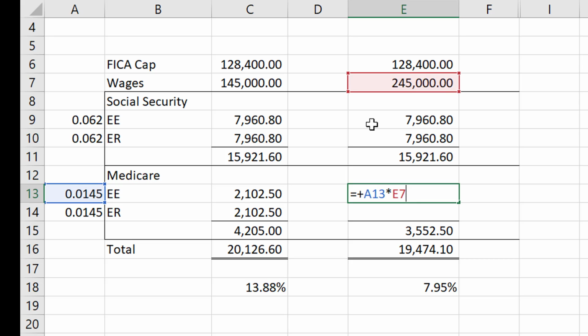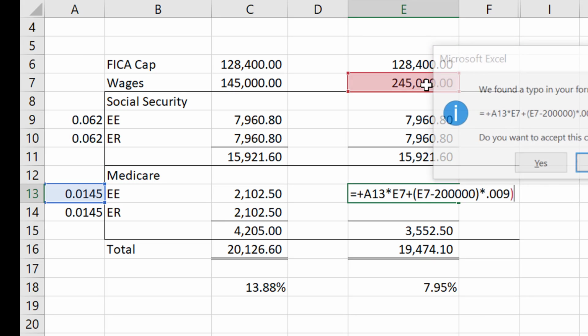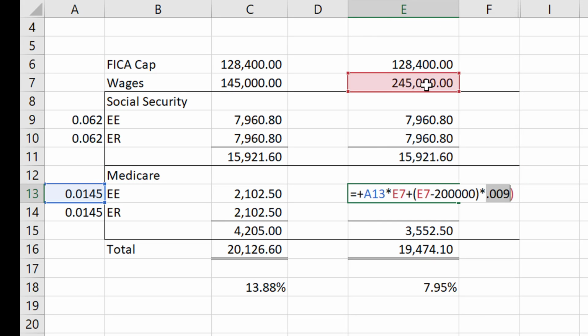So we need to take this amount and add to it the excess over 200,000 times 0.9%. Gonna have to do a little fixing of the parentheses here.